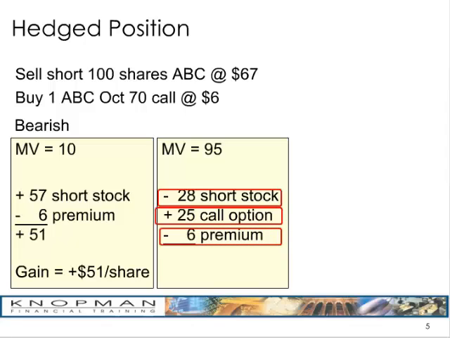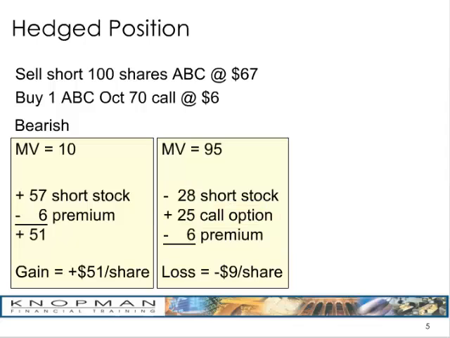So overall, we lost $9 a share. And that's why this is a hedge, by the way, because even though we lost on the short, our loss on the short was partially offset by a gain on the call. That's what a hedge means, because without the call, we would have lost even more money.